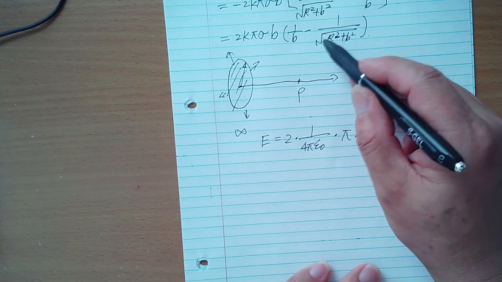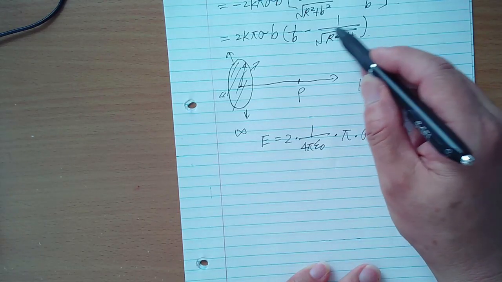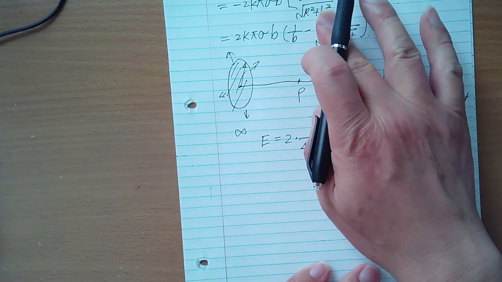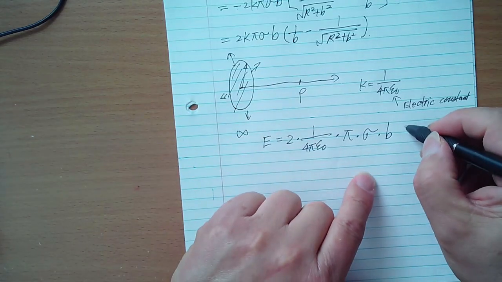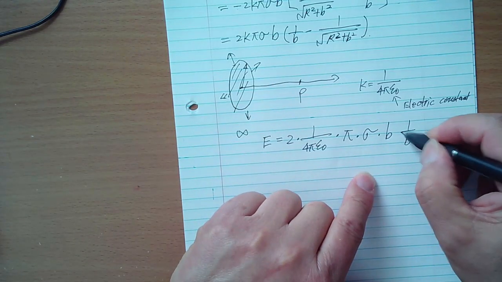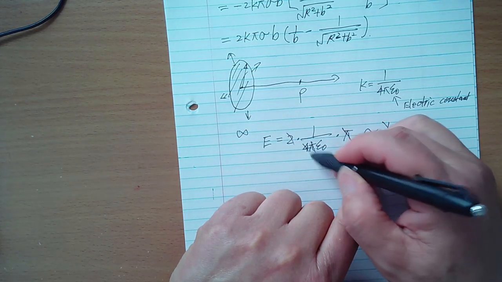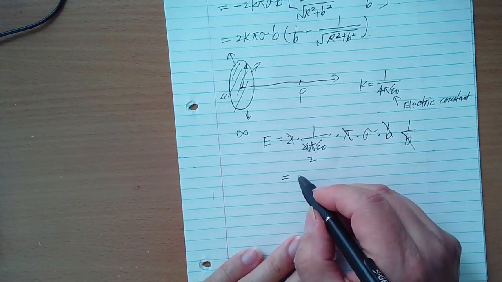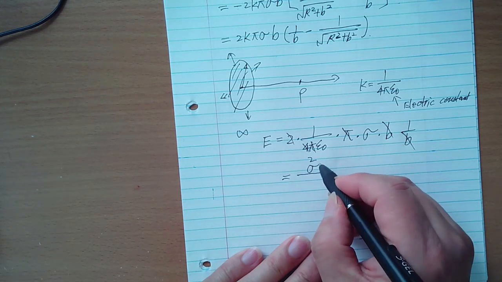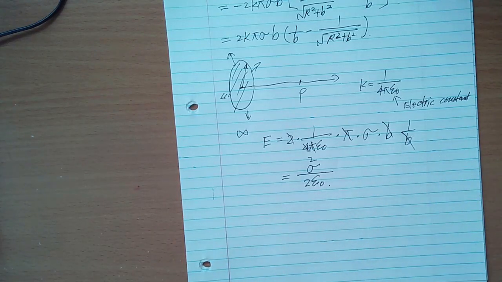Even though you take a square root of it, it's still an infinite number. So 1 over infinity, you get 0. So this one is gone. So what we have is just 1 over b. b cancels out, pi cancels out, 2 and 4 cancel out. So what we actually have is the charge density over 2 epsilon 0.